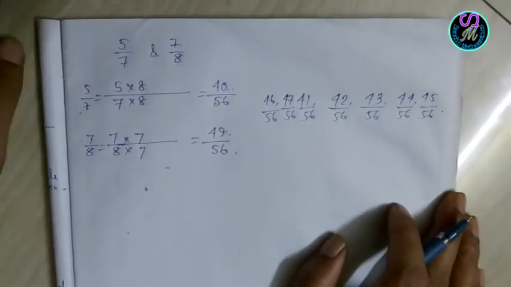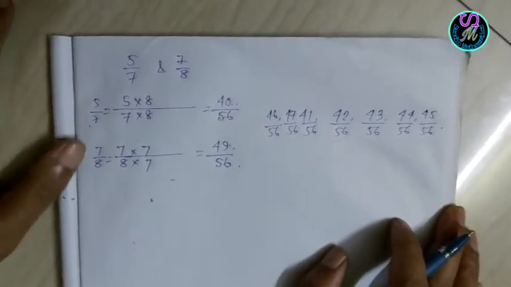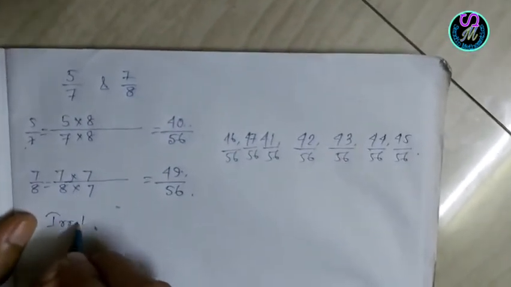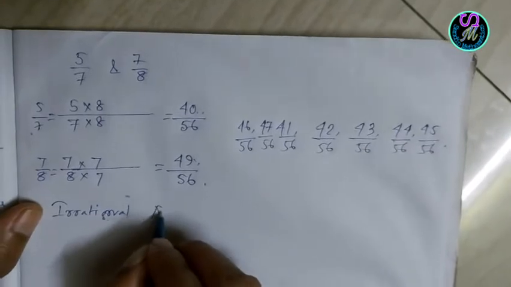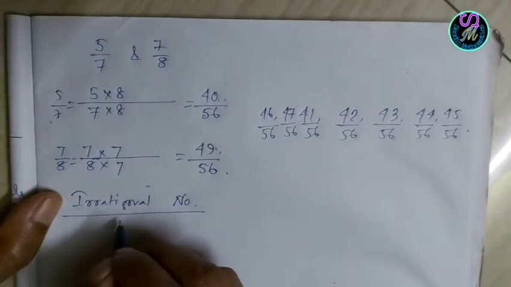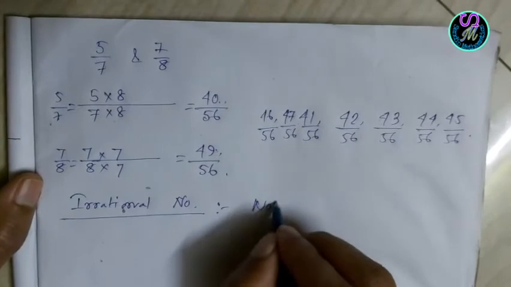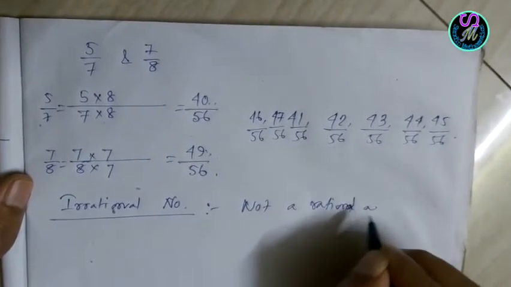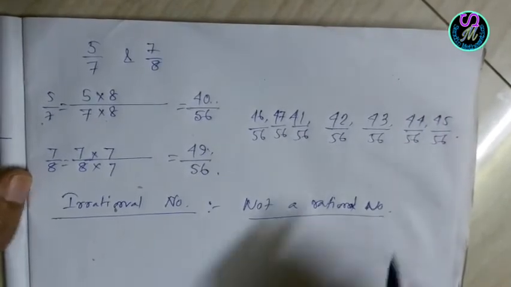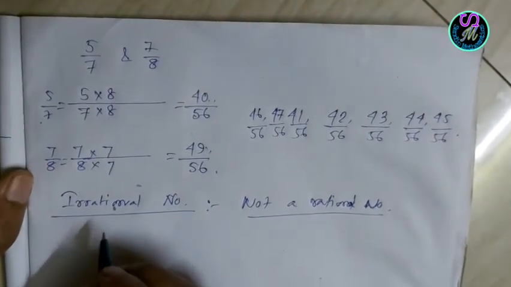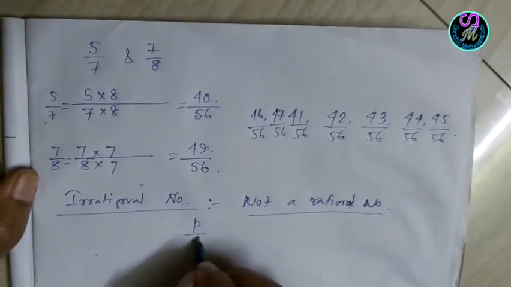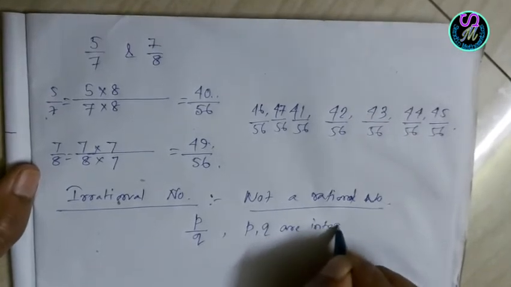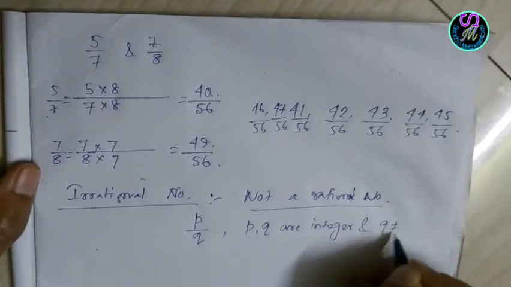Okay, so we discussed rational numbers. Now we have to discuss irrational numbers. Irrational number means not a rational number. Rational means we represent it as p by q, where p and q are integers and q is not equal to 0.